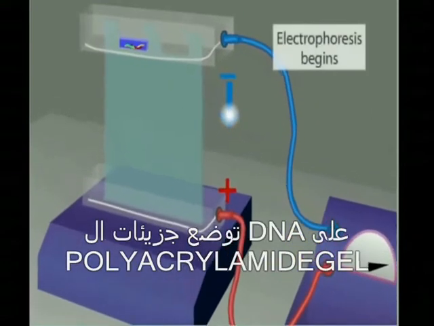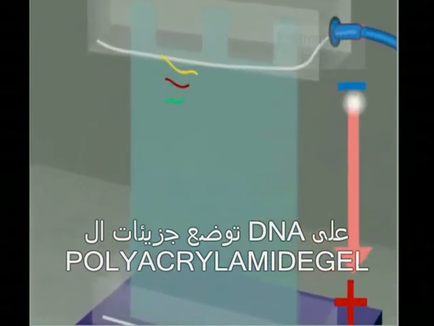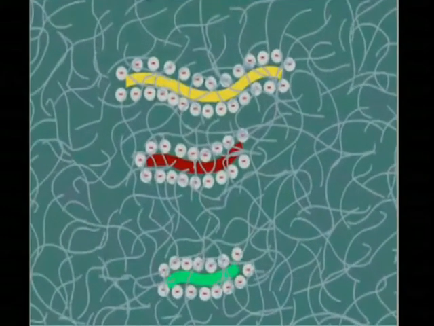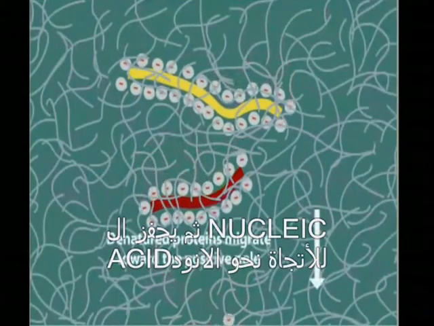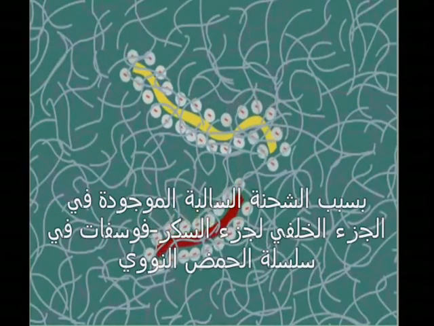DNA molecules are set upon a polyacrylamide gel, where an electric field is applied on it, and induces the nucleic acids to migrate toward the anode due to the net negative charge of the sugar phosphate backbone of the nucleic acid chain.